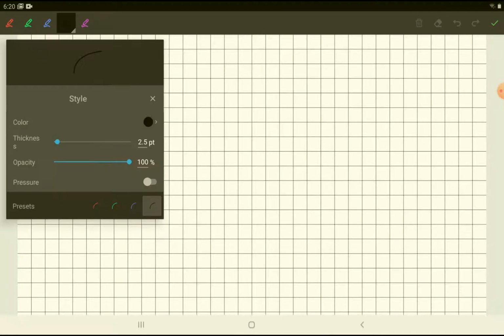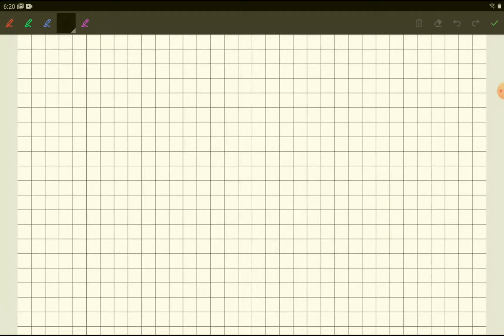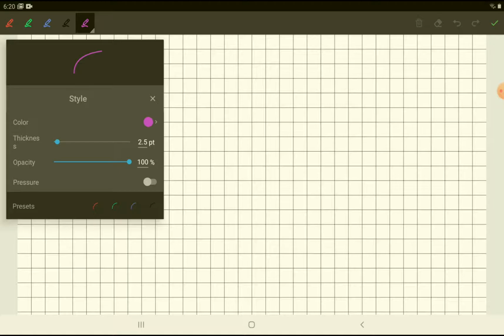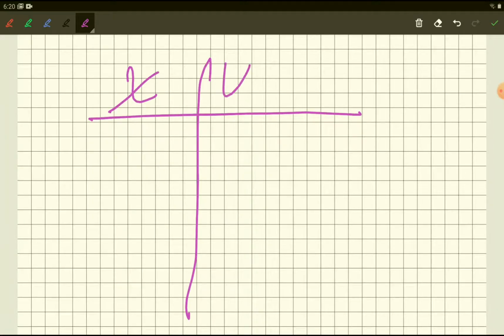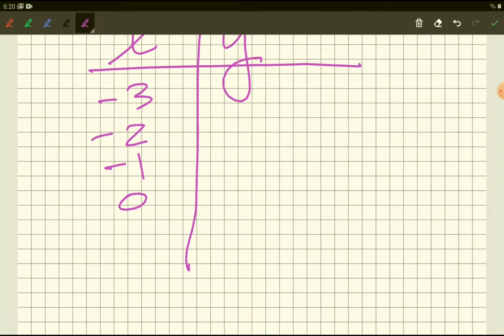To find the y-intercept, you really just have to look at the graph, and then you can easily identify it. What else do I want you guys to know? Linear functions. You should be aware, you should know what an XY table is, given certain values.